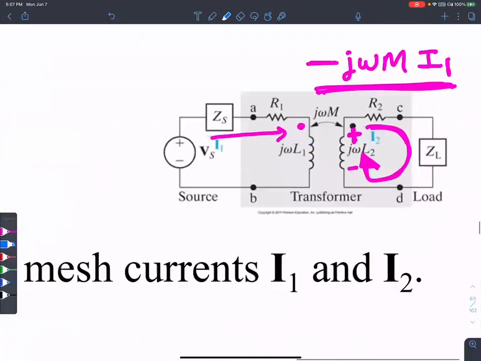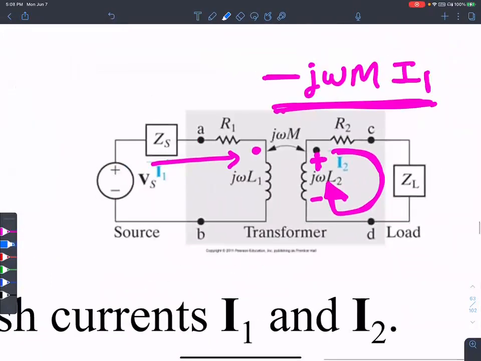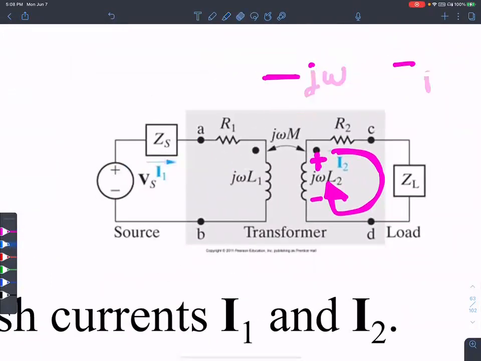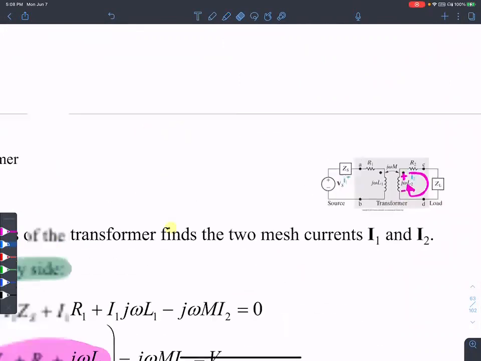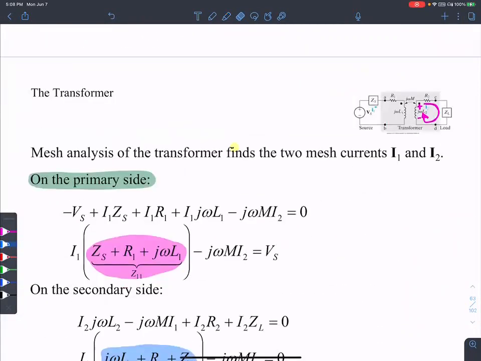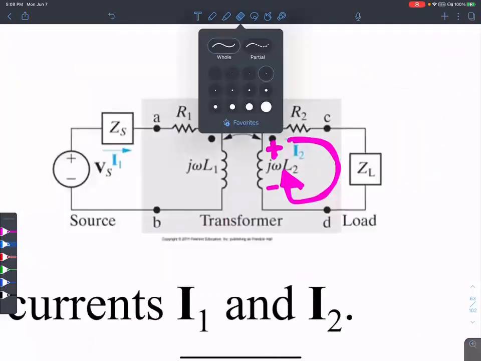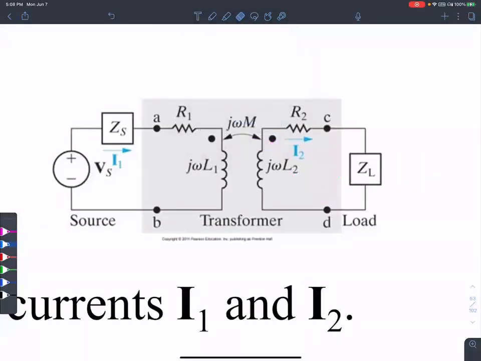If you were to ignore the mutual inductance, on the left-hand side there is ZS, there is R1, and there is the impedance from this inductor. So just the impedances in the left-hand loop, that's what you call Z11: ZS, R1, and j omega L1, not taking into account the mutual inductance.